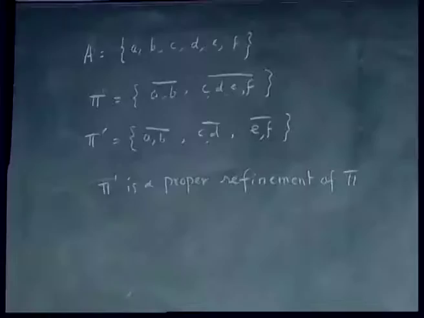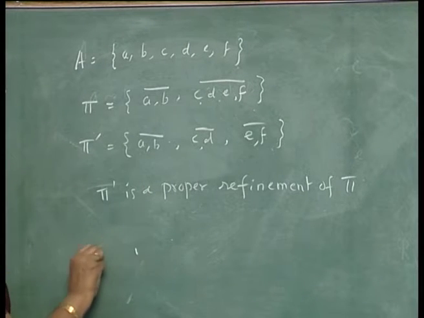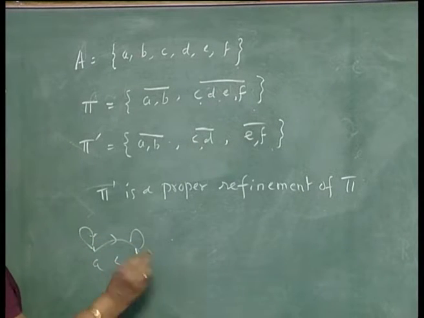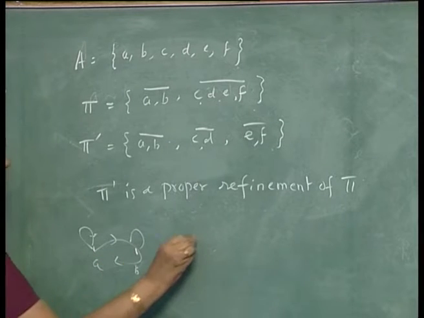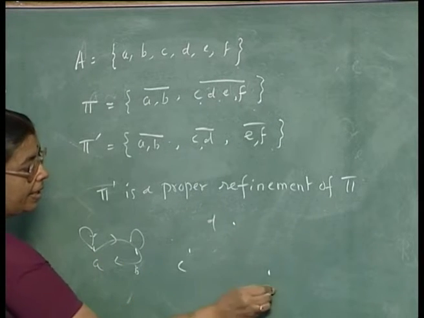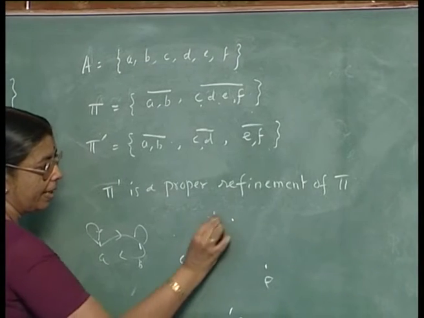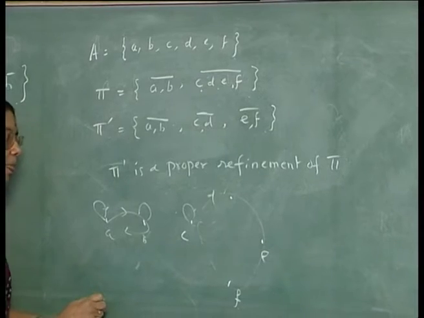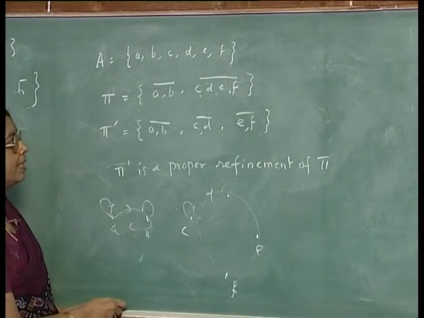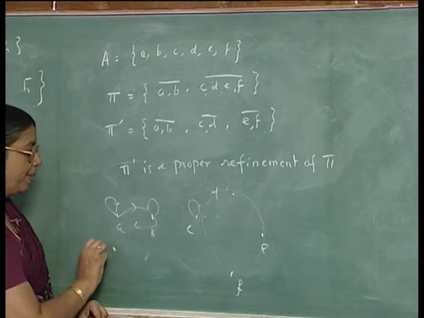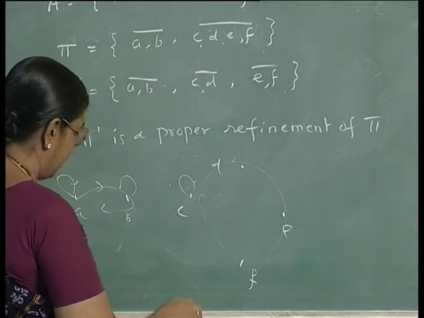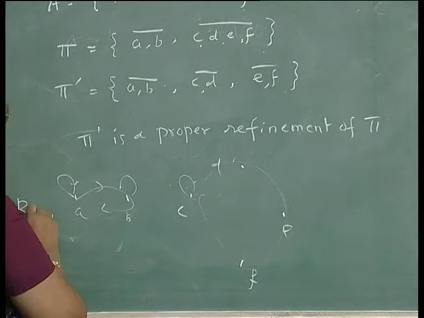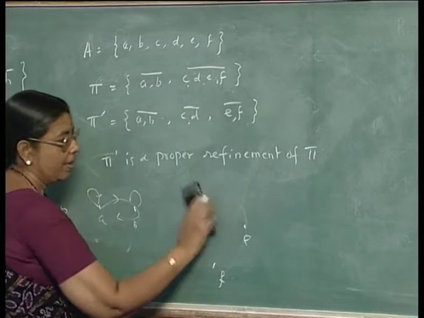Obviously, see here, pi induces an equivalence relation where A, B are connected, it is a complete digraph, and C, D, E, F are connected in all possible manners. Okay, I will not draw it completely. R is induced by pi.